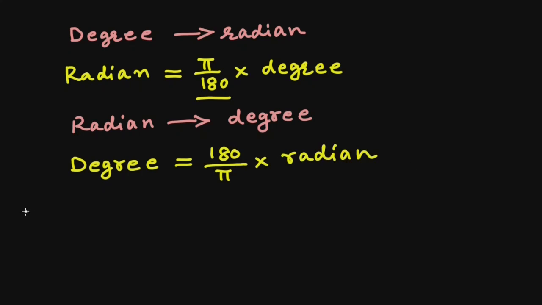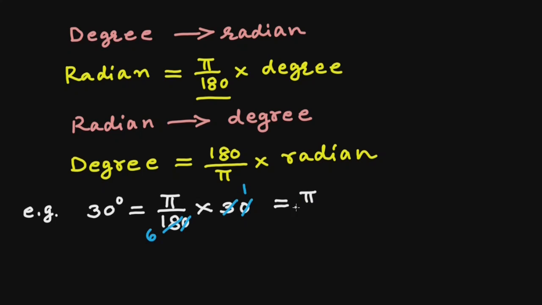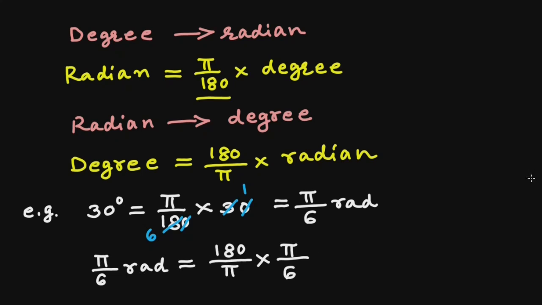For example, 30 degrees is pi upon 180 multiplied by 30, cancelling 0, 3 ones are 3, 3 sixes are 18, which will be pi upon 6 radians. Similarly, pi upon 6 radians equals 180 upon pi multiplied by pi upon 6 radians. This pi cancels, 6 ones are 6, 6 thirties are 180, which is 30 degrees.